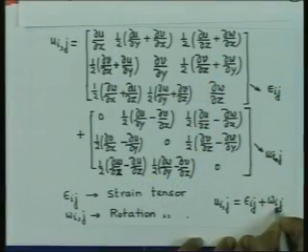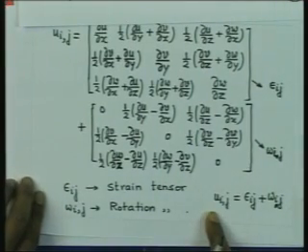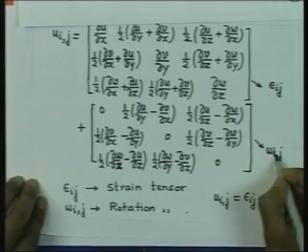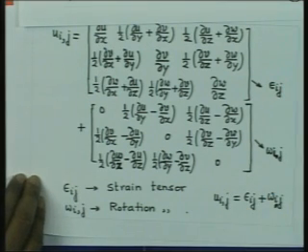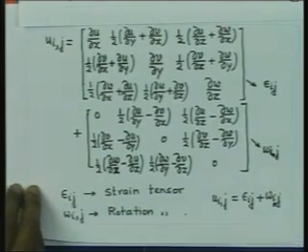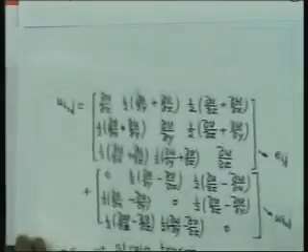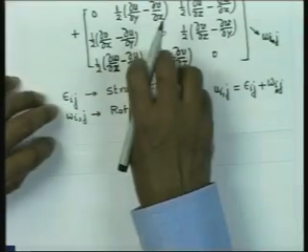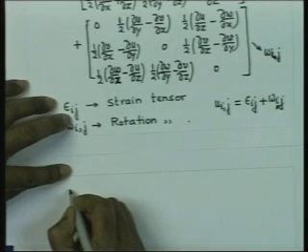So, the relative displacement tensor is the sum of the strain tensor and the rotation tensor. Now, this can also be written making use of the tensor relationship without detailing out. We can write it in a very compact form.